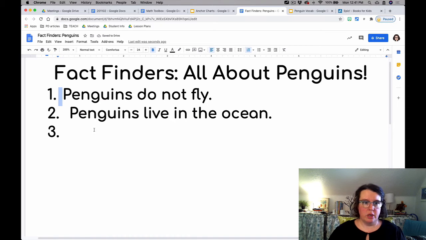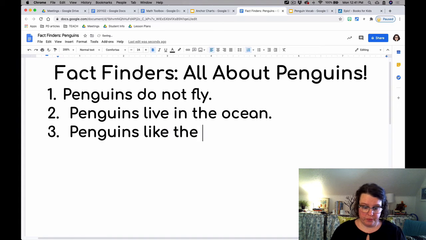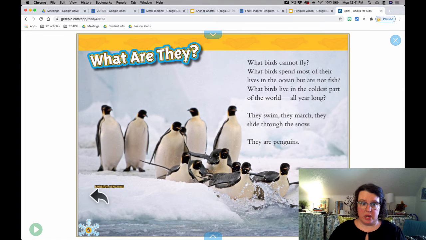Oh, well. It's not lining up right. That bugs me, but I'm going to let it go for right now. Let's see. Penguins like the cold. Okay, those are some good facts we got from reading this page of the book.